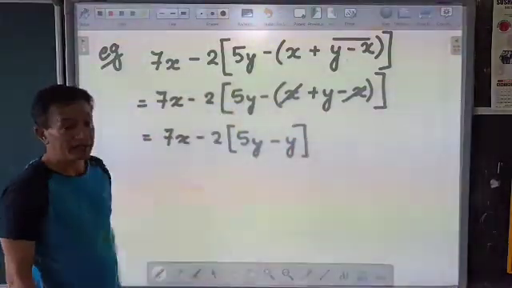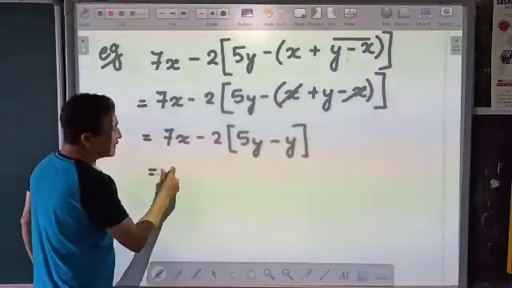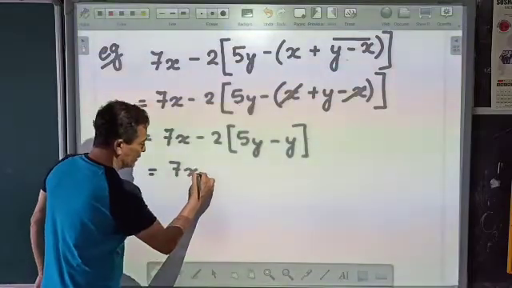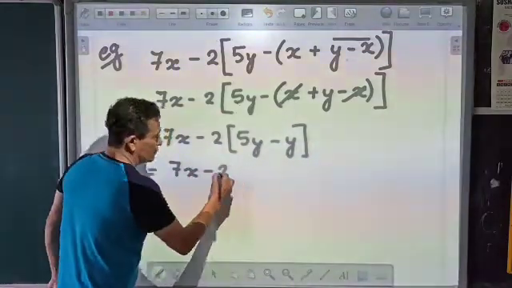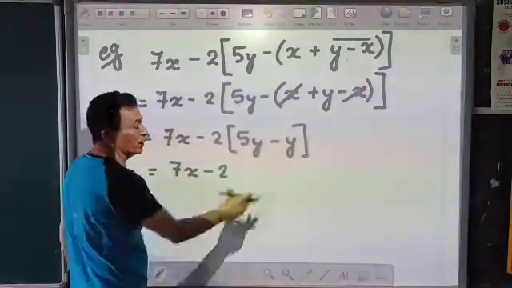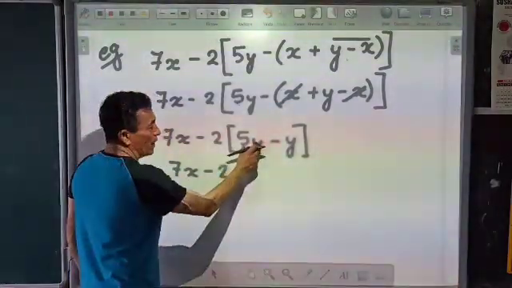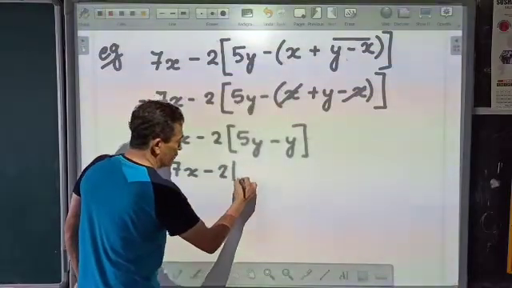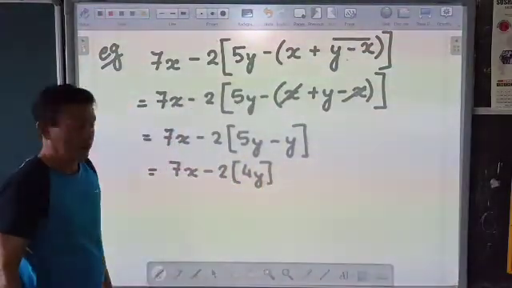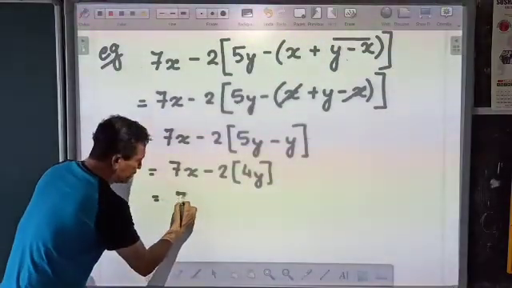So the common bracket is gone. Next, I have to work with the box bracket. I have 7x minus 2 times. Now if you look at the box bracket, again I have two like terms here. I can do the subtraction. 5y minus y will give me 4y. Next step, 7x.